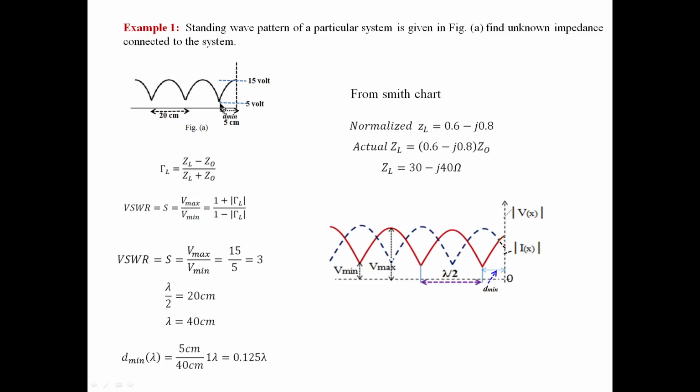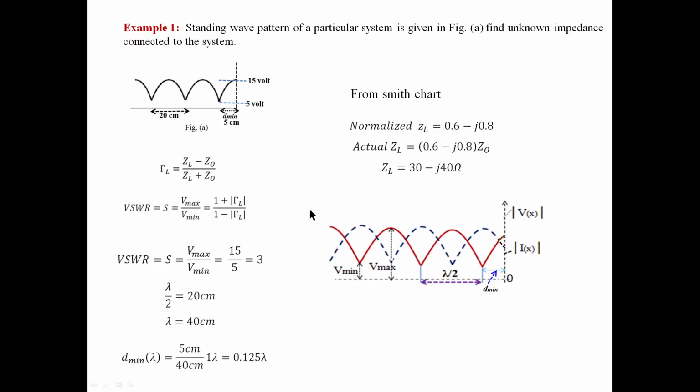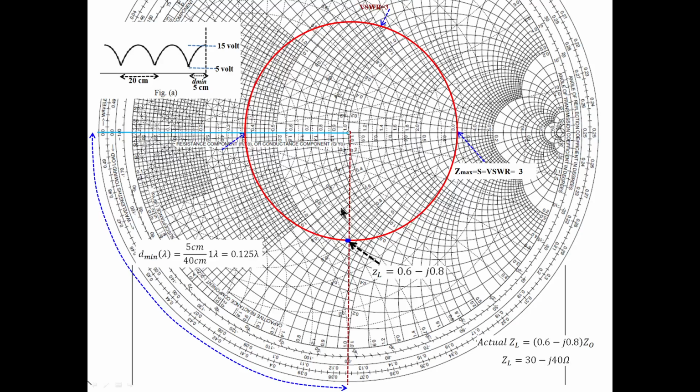So from the minima you should move a distance of 0.125 lambda. There our load is. We have drawn the VSWR circle using the value 3, and we got the Z maxima position and Z minima position.